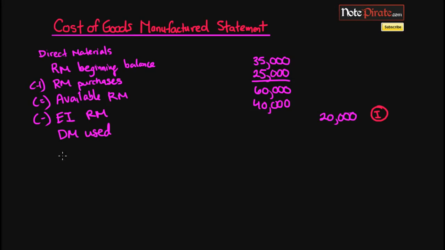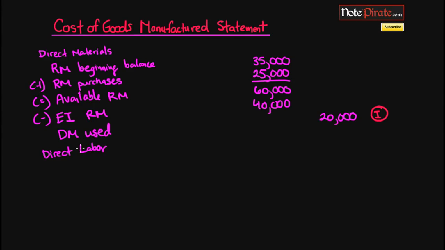The second part is direct labor. Any labor that's traceable to producing a product or any cost object. So we're going to be looking at timesheets, and we're only going to be looking at timesheets for employees on the product line because of course we don't include any wages from the corporate head office.